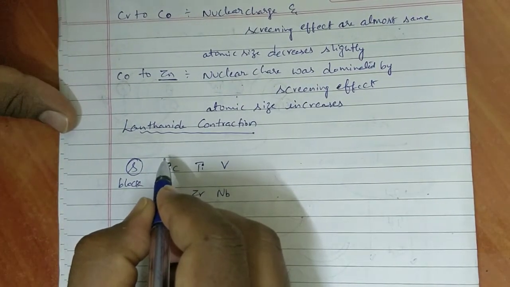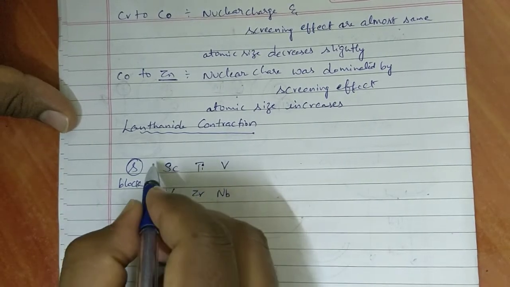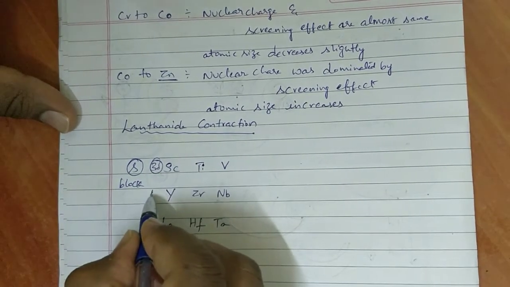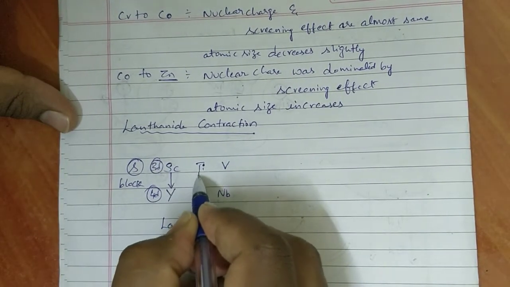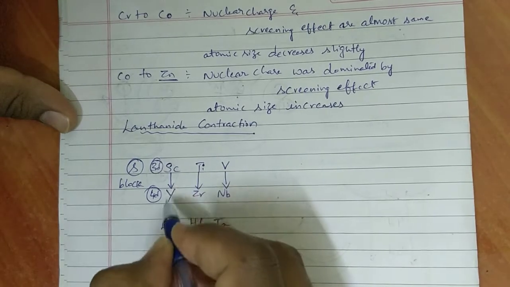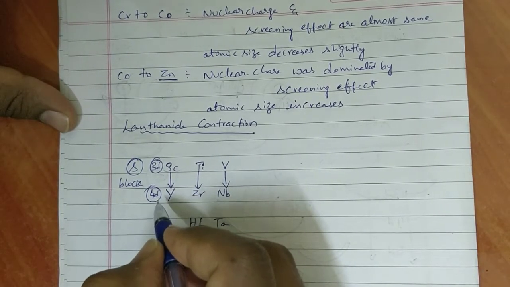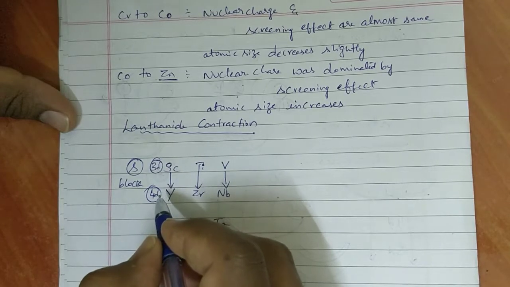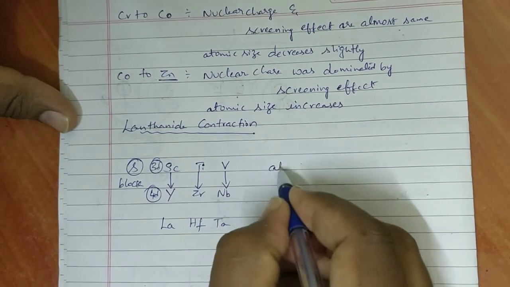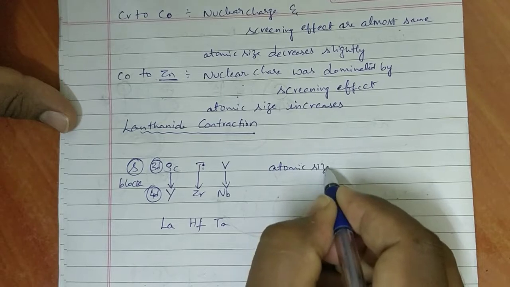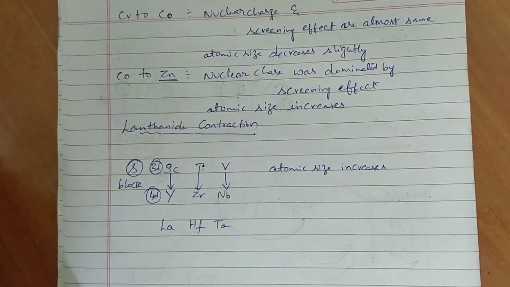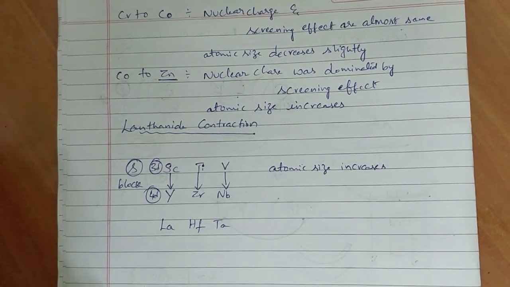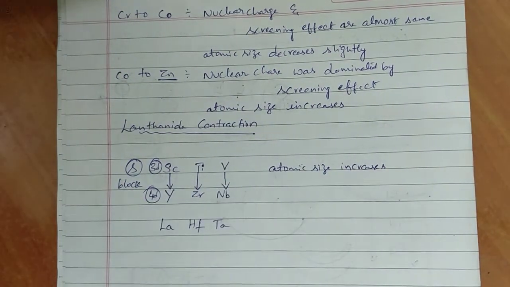Let us see scandium. This is 3D series. This is 4D series. Okay, from 3D to 4D, according to our expectation only, there will be increase in size, because normally from top to bottom atomic size increases, because even though nuclear charge is increased, as electrons are entering into new shells, automatically size of the atom also increases.